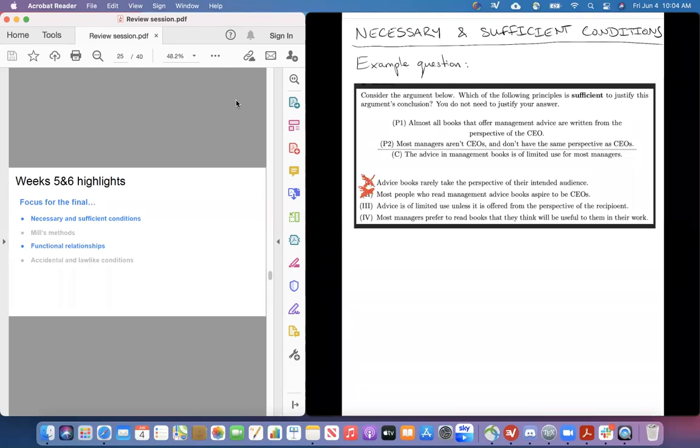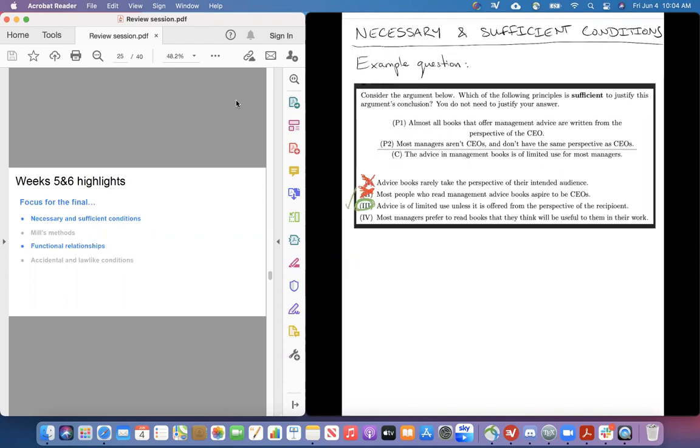So if it's true that advice written from a different perspective than its recipient will only be of limited use for that recipient, so the person who's going to use it, then it would have to be true that advice written from the perspective of a CEO will only be of limited use to most managers, since most managers are not CEOs. So number 3 is what we want here.